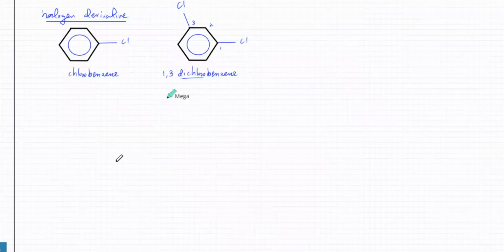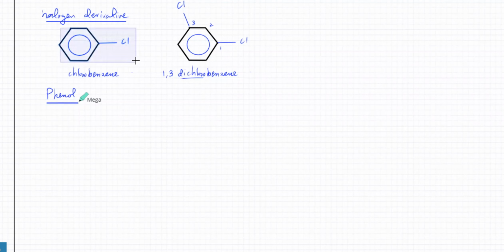The next one, so I'm just introducing some of the more important ones. You've got phenols. Now, a phenol is like an alcohol. It's just a benzene with an OH attached. So it's kind of the same thing, except now you've got an OH attached to it. So instead of Cl, let's say you've got an OH attached.